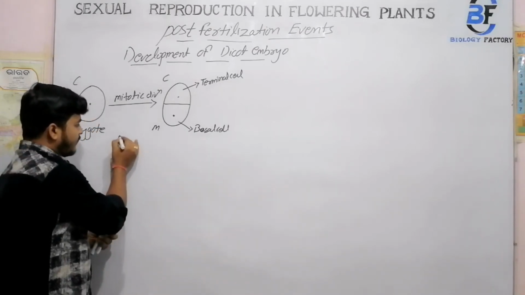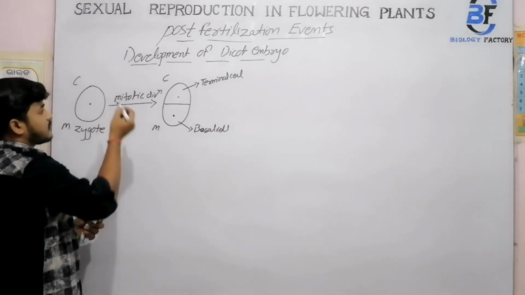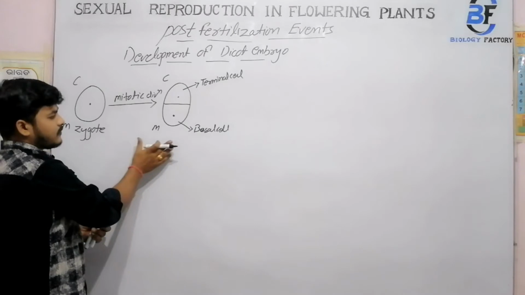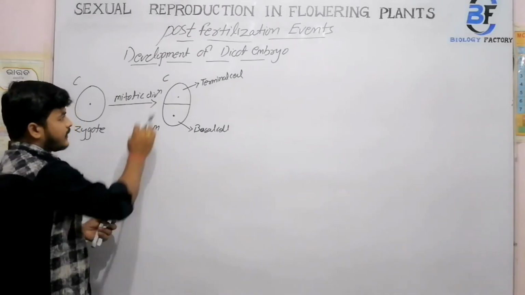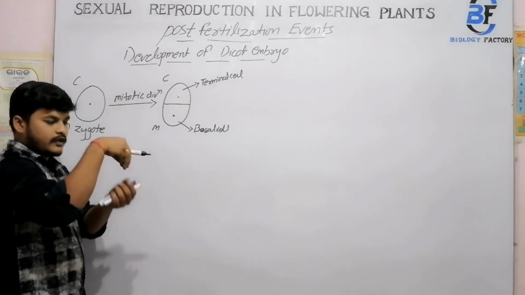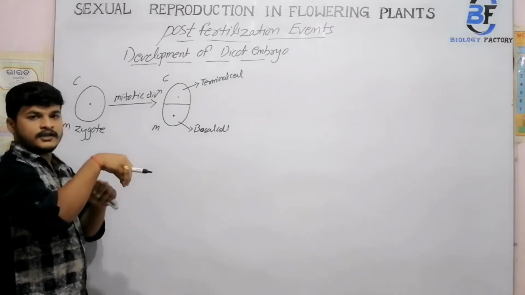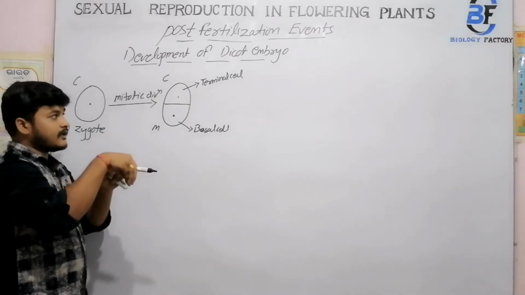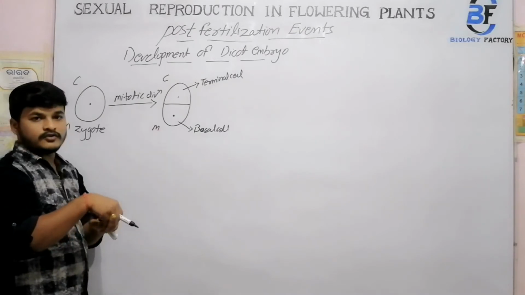If we talk about the most common type of ovule, the anatropous ovule, it is an upside-down structure. Here is the mouth part, so it is the micropylar end, and this is the chalazal end. In this case the upper part is the terminal end and the lower part is the basal end.